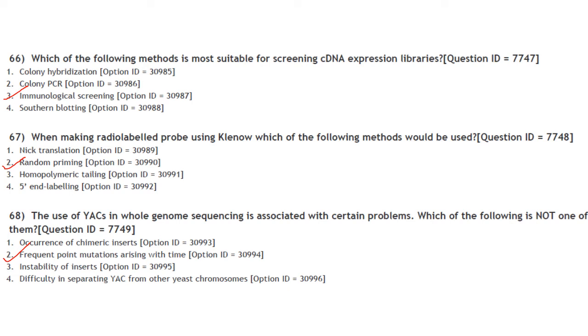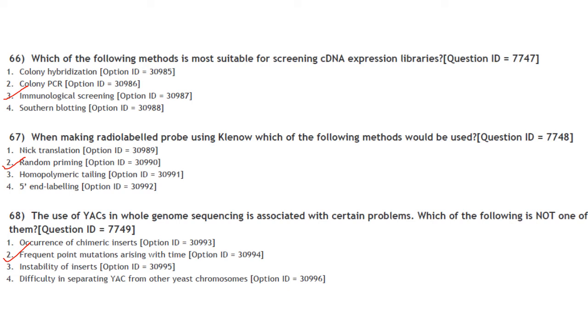Then the Klenow fragment of DNA polymerase 1 is used to synthesize new strands of DNA from these primed sites. And if you add a radioactive nucleotide, it will result in a labeled probe which will be suitable for Southern hybridization. So the answer here is option 2, random priming.